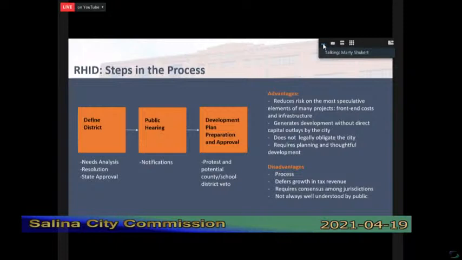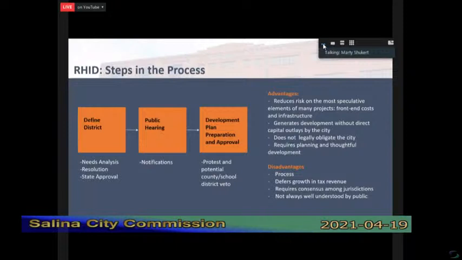It generates development without a direct capital outlay from the city. There's a sacrifice, and that is the added taxes created by that project for a while, but you don't have to put out money in the budget on a capital basis. It does not legally obligate the city. So if the thing goes kablooey, it's not an obligation of the city to bail it out.